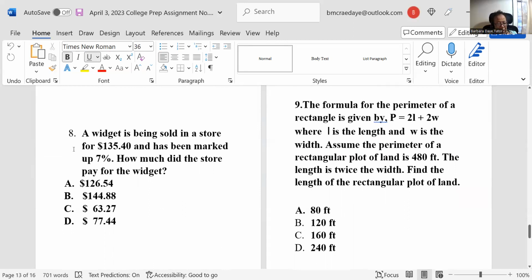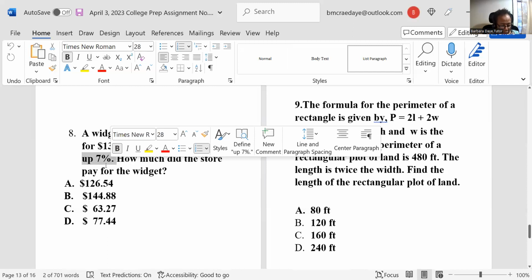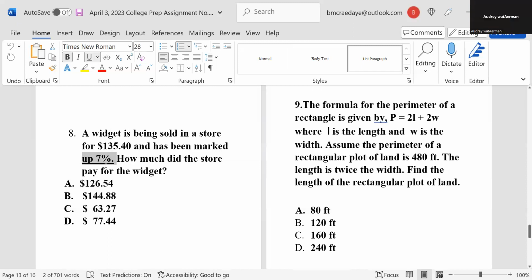Now, if it's marked up 7%, what does that tell you about your answer? That tells you that the 135.40 is greater than your answer.